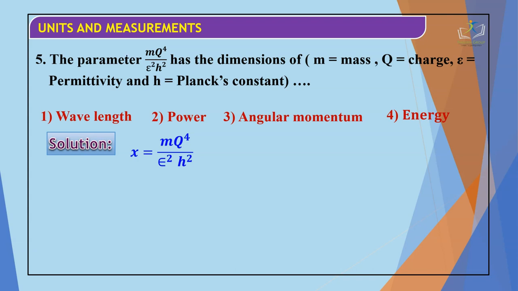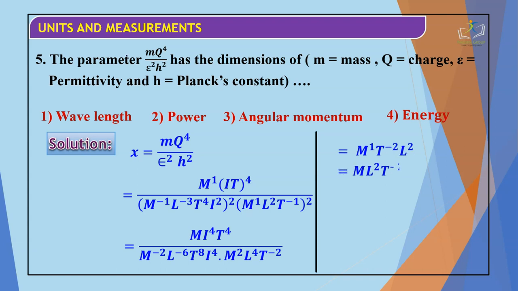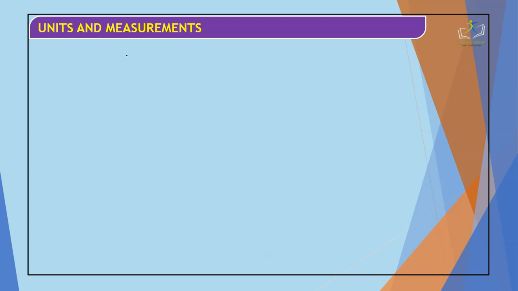What we are going to do is put the dimension formula of each and everything. After solving, the dimension we receive is ml to t minus 2. And from the basics, we know this is simply energy's dimensional formula. So the correct option for this question is the fourth.